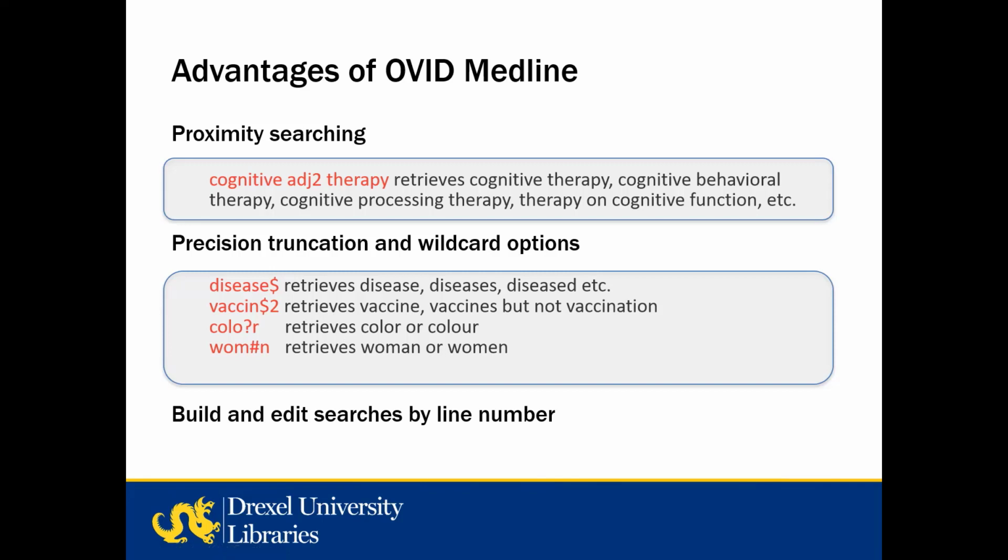Again, those British and American English spellings, or for an example like this, where you want both women and woman, the singular, because there's only 1 letter that's being substituted. I'll show you this when I actually do a search online, but it's a little bit easier within Ovid to build on your search lines and edit your searches as well as document them.